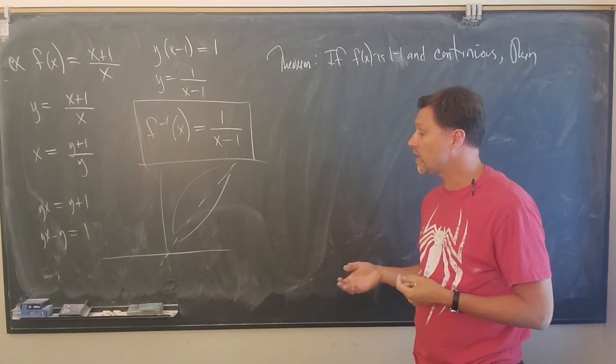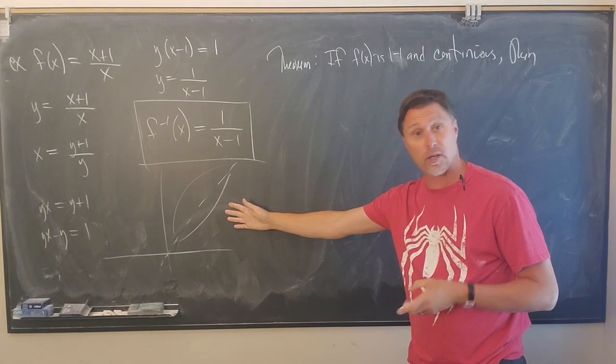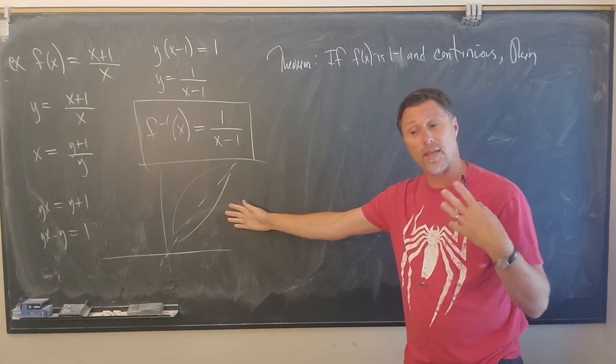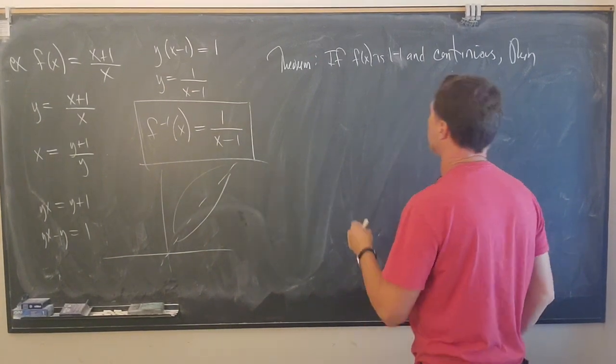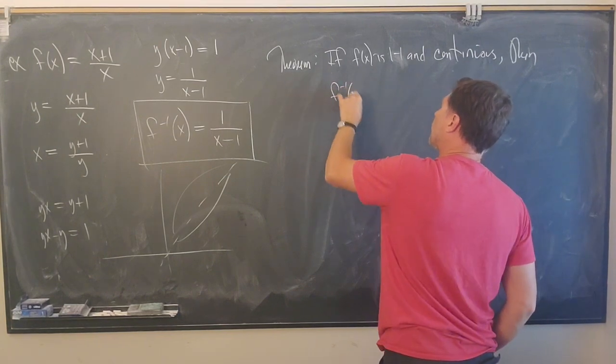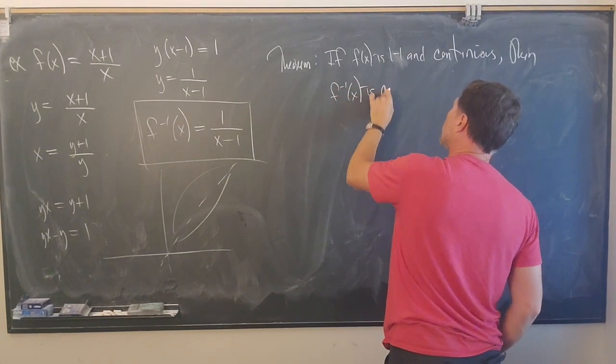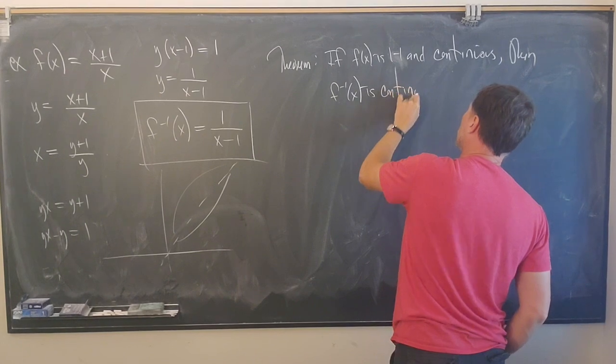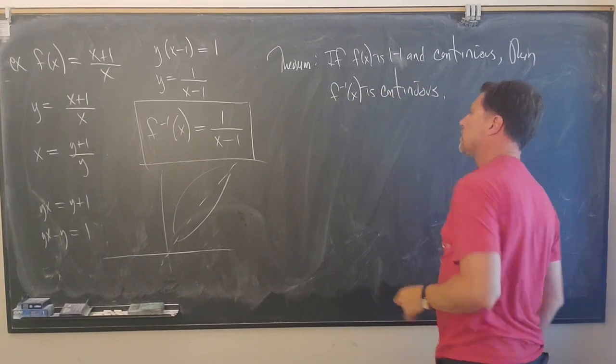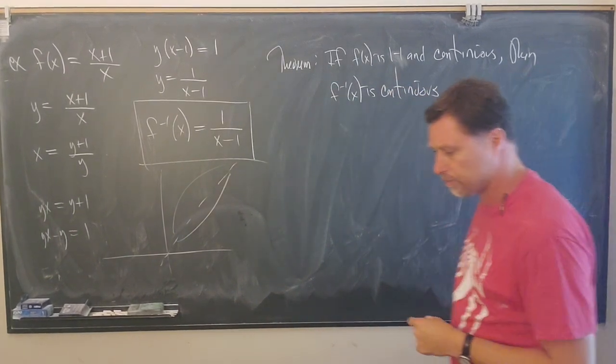And so that tells us then, if you start off with a continuous function that has an inverse, then the inverse will also be continuous. So we can say then f inverse of x is continuous. Right, so no surprise there.